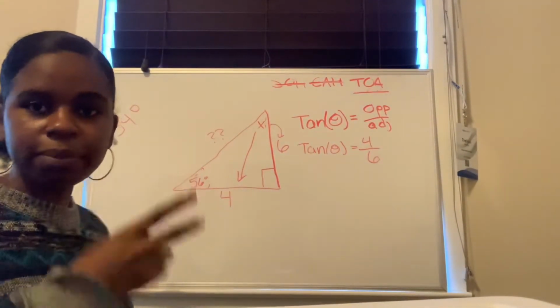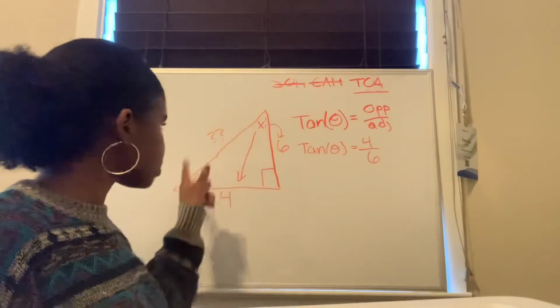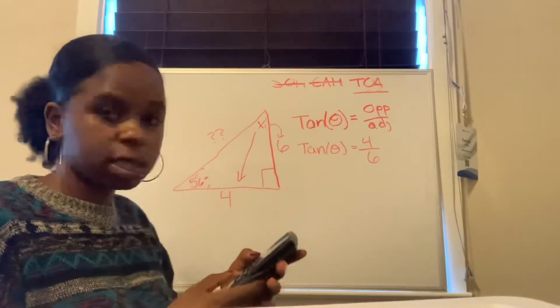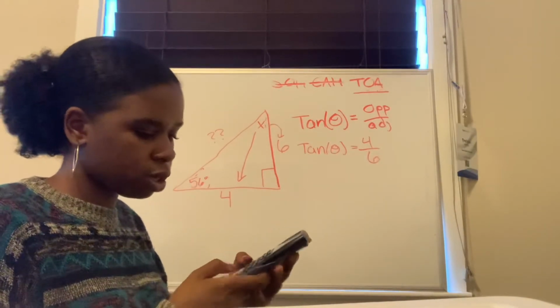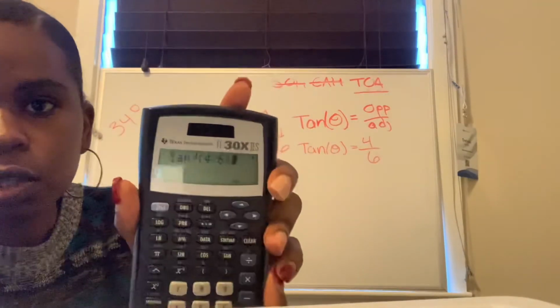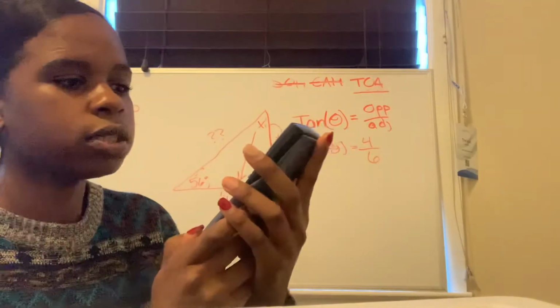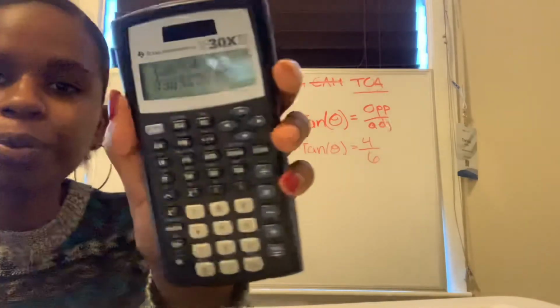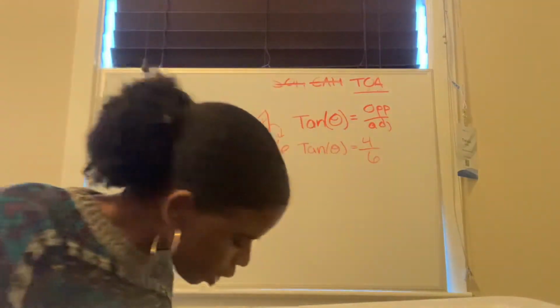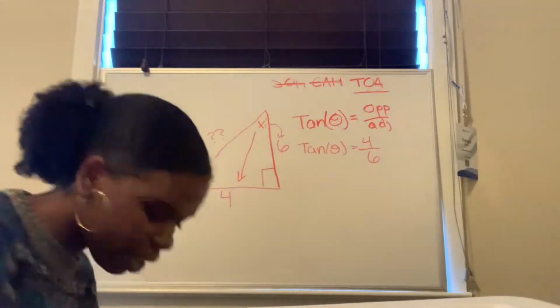So we kind of just flipped it. We flipped sides, so we flipped the opposite and adjacent. Okay, hit the second button, hit tan, 4/6. This is what you'll type in. Hit enter. Okay, 33.69. If you round it up, what is that? 34 degrees. We did it correctly.